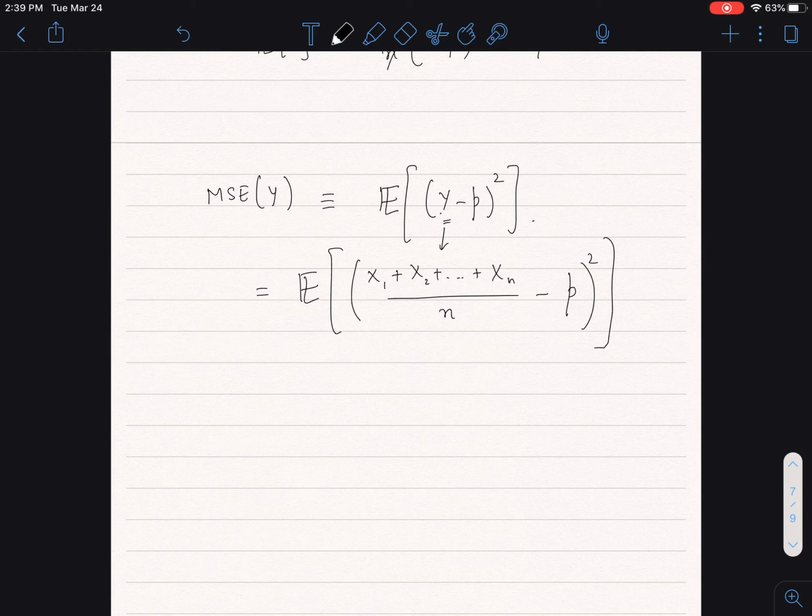Okay, so you can now try to expand this out, and I can use the fact that this quantity is like y squared minus 2py plus p squared, and you can use linearity of expectation over there.